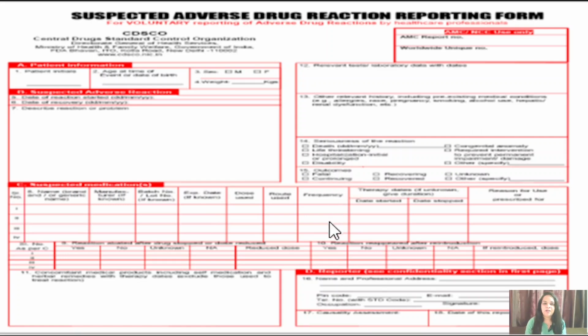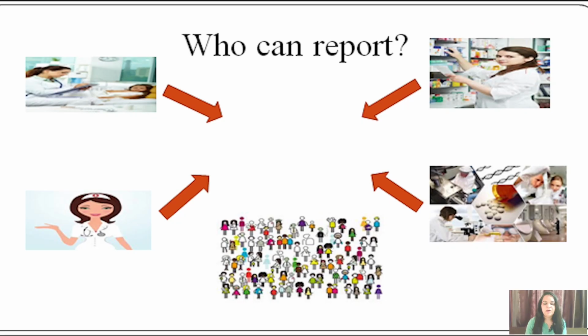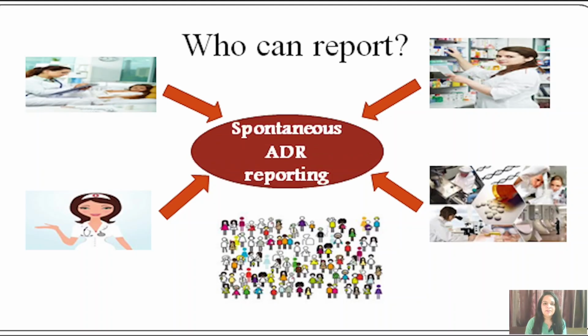So this is the front page of the suspected adverse drug reaction reporting form, and this is the back side of the ADR form. Now, who can report adverse drug reactions? All doctors can report adverse drug reactions, which is known as spontaneous or voluntary reporting.